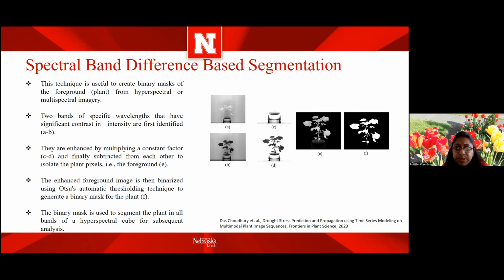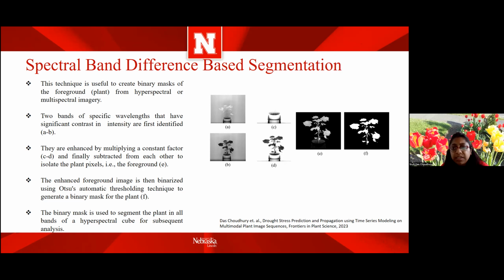Two bands of specific wavelengths have been identified. Then they are multiplied by 2. The idea behind multiplication is that we just want to create a background by disappearing the plant of the brighter band. And then we are subtracting C from D and we are getting the plant pixels. And then after Otsu's thresholding, we are generating the binary mask.